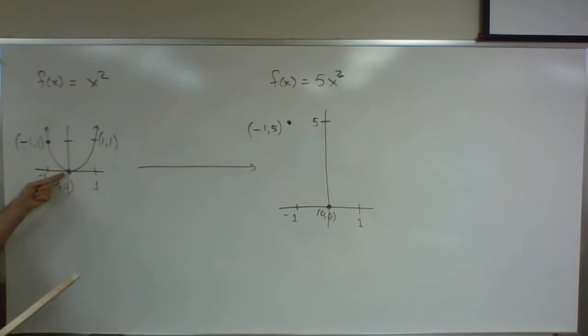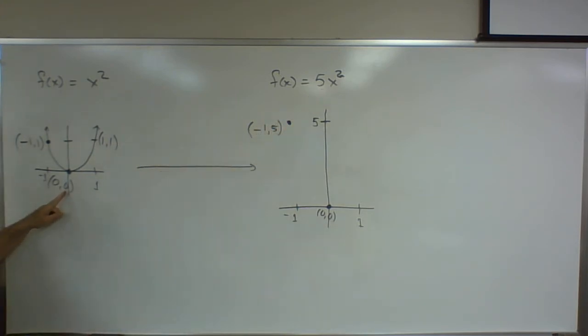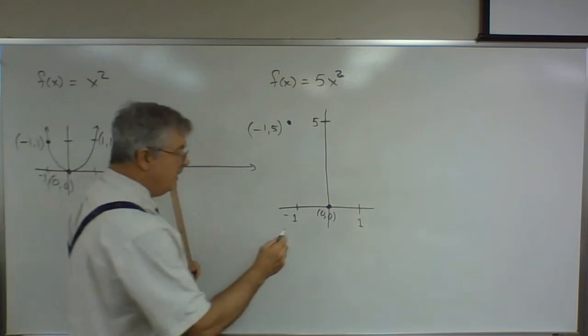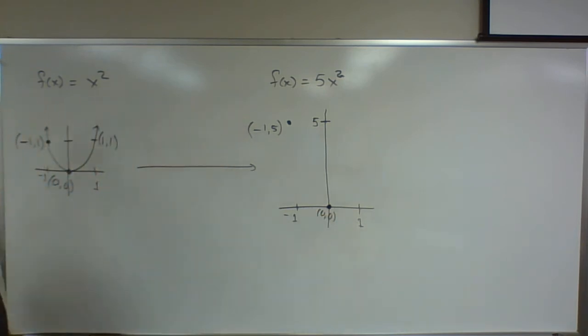We'll look at this key point. We're going to take the y-coordinate and multiply by 5. But 5 times 0 is still 0, so this is actually a point on the new graph as well. And we look at this point where x is 1, and the y value at this point is 1 on the original graph.